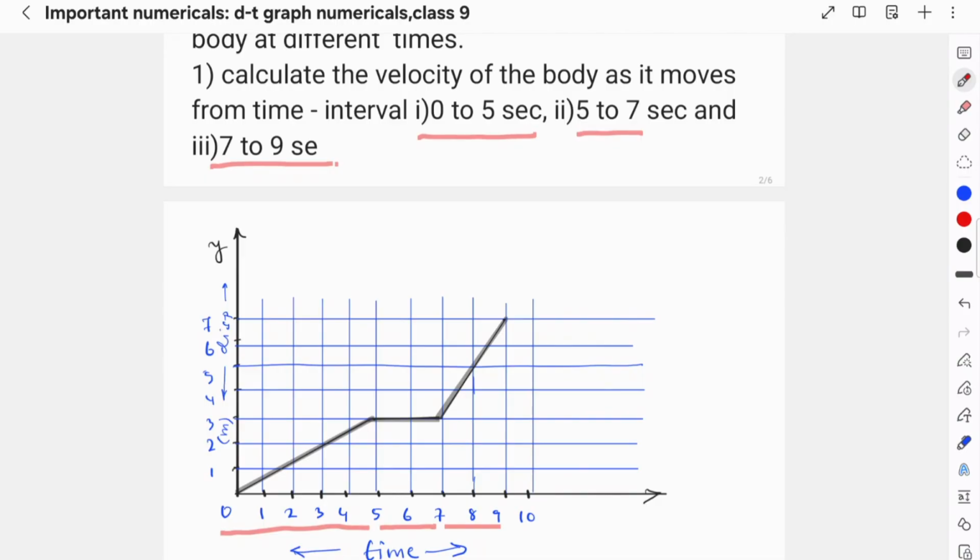So velocity in a displacement time graph is given by the slope of the graph, or it is change in displacement divided by the change in time.